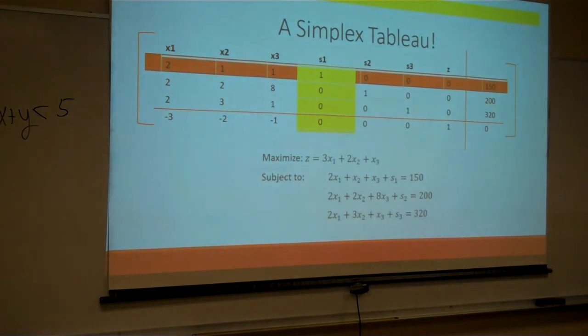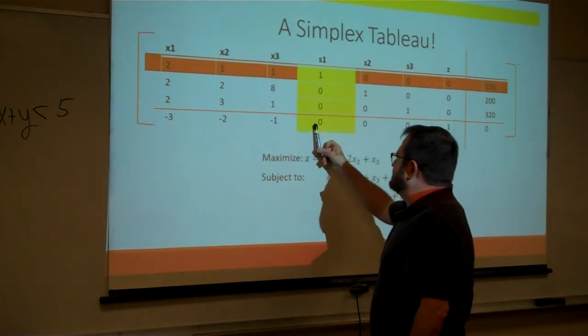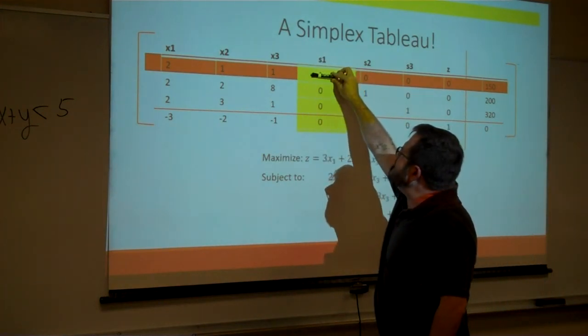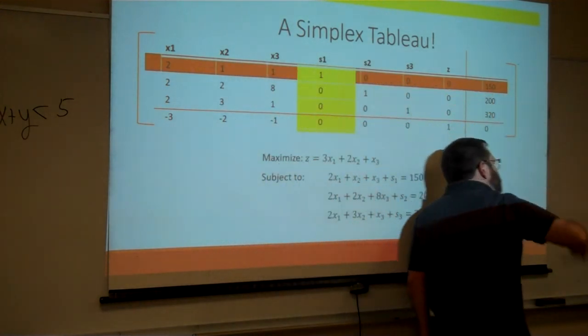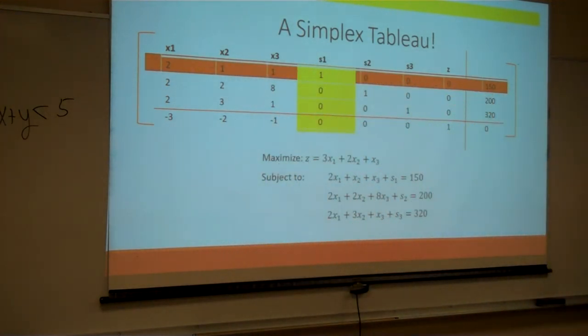Later, your book will have this more cleverly explained, like an algorithm or a flow chart to help you with this. Maybe we'll build something like that on Monday. You found a basic variable, you found the entry in there that is non-zero, and you picked its row. Those are the numbers we're working with right now.